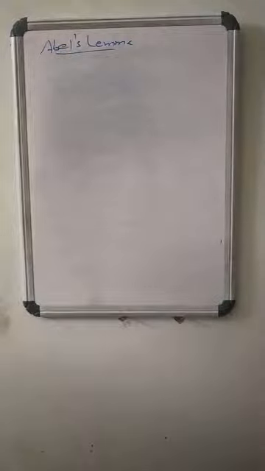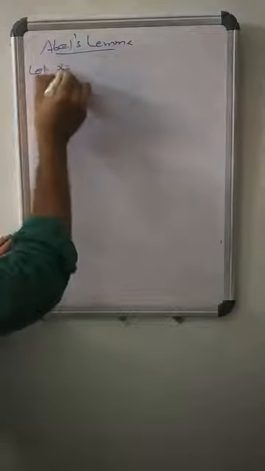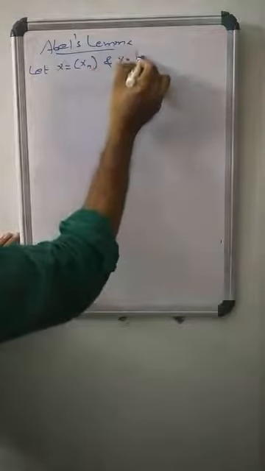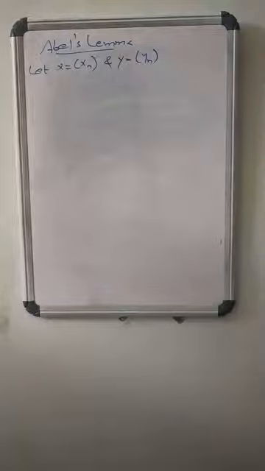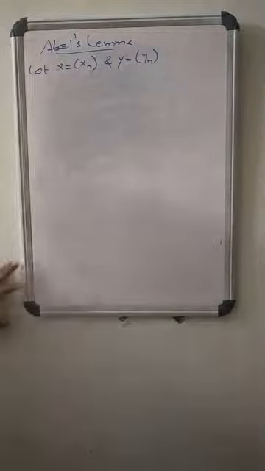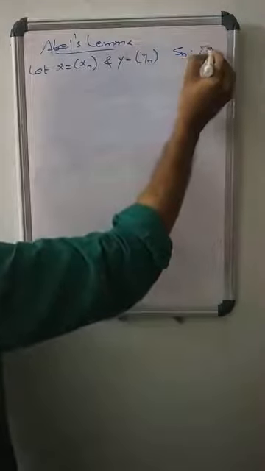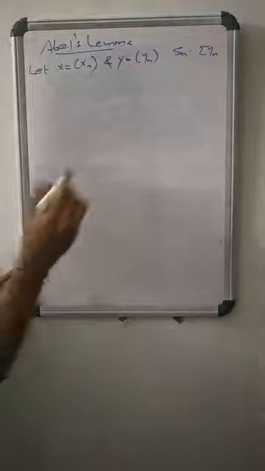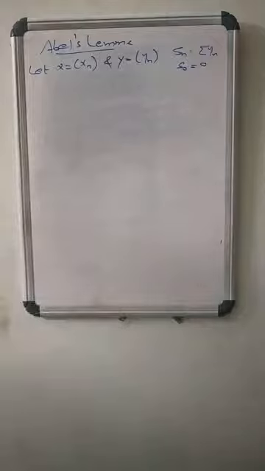This lemma states that let X equals (xn) and Y equals (yn) be any two sequences of real numbers. Let Sn be the partial sums of sigma yn, with S0 equals 0.